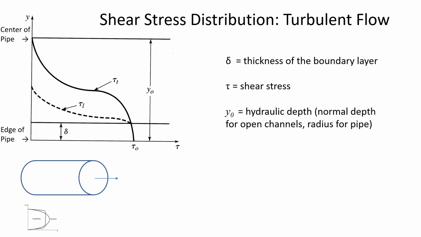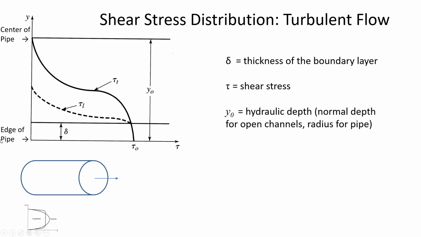All right. So this is one of those diagrams that I'll talk about for 10 minutes, but really you should look at it for 20 or 30 to really think about what this is talking about. This figure's a little counterintuitive. So it says here, here's the center of the pipe, and on the horizontal axis is increasing shear stress. And here's the edge of the pipe.